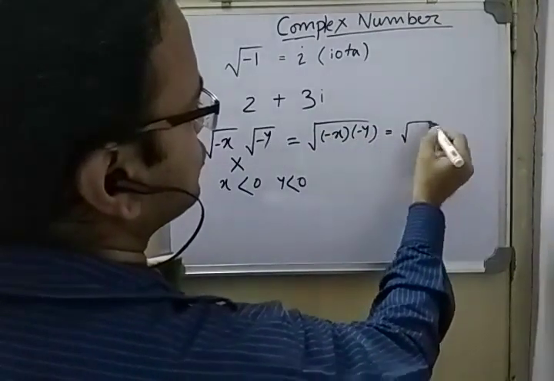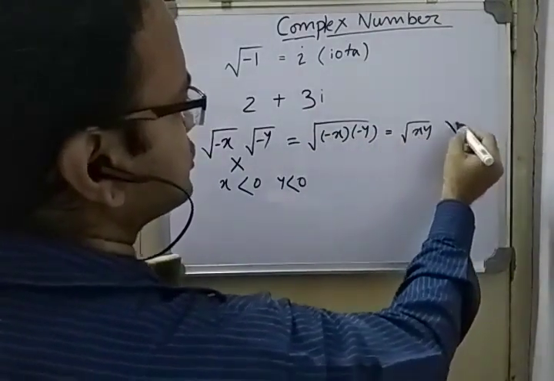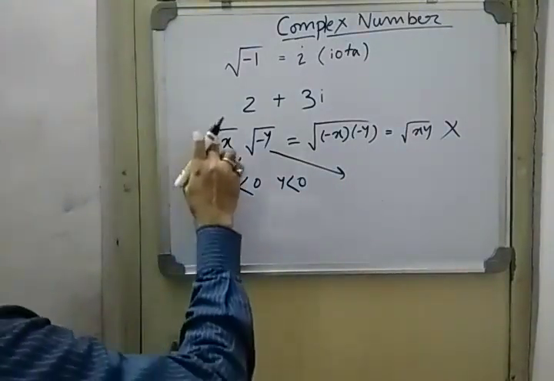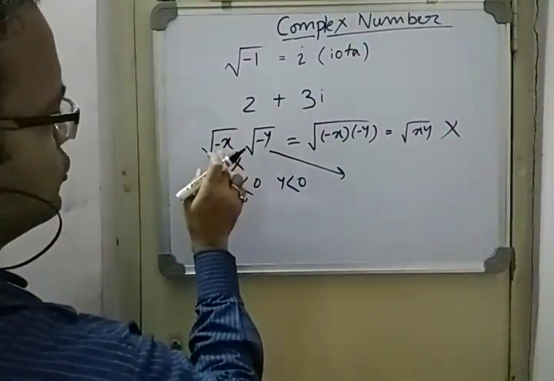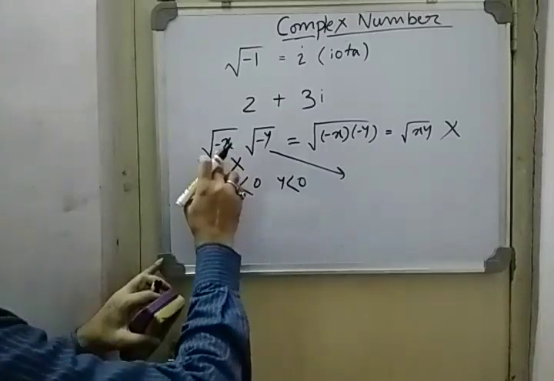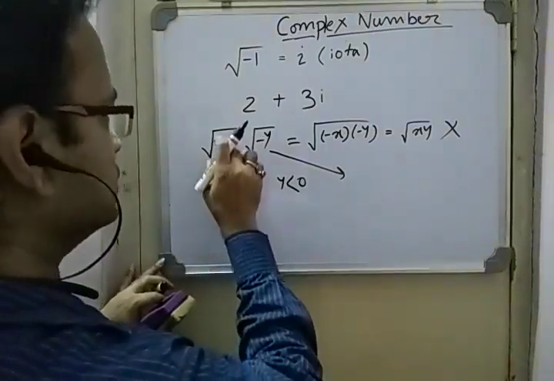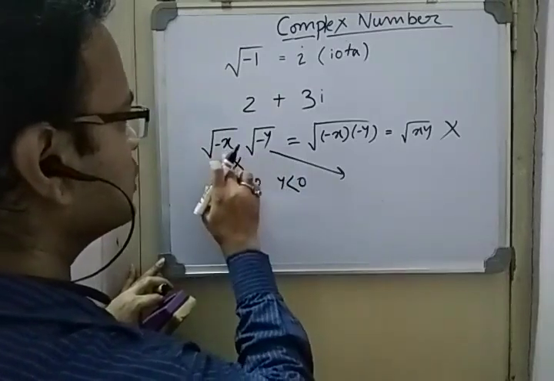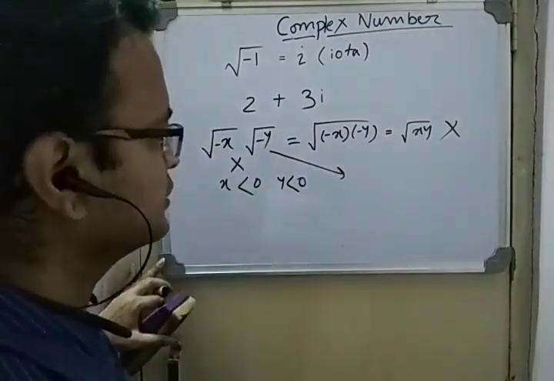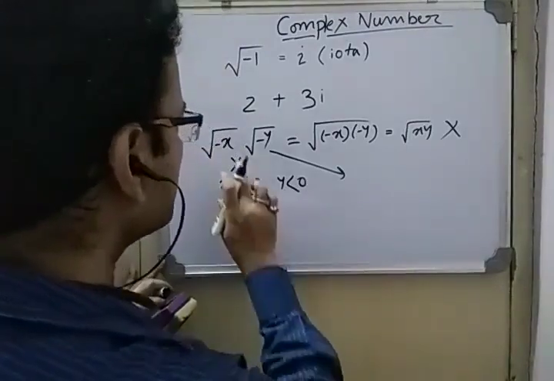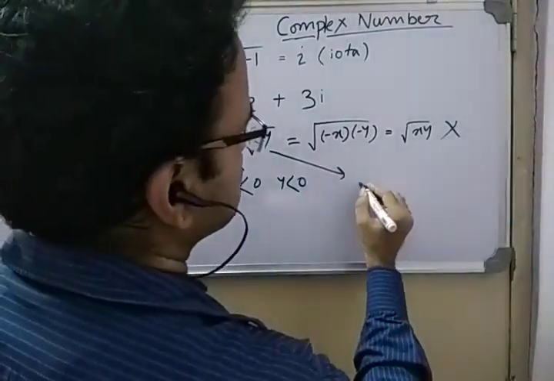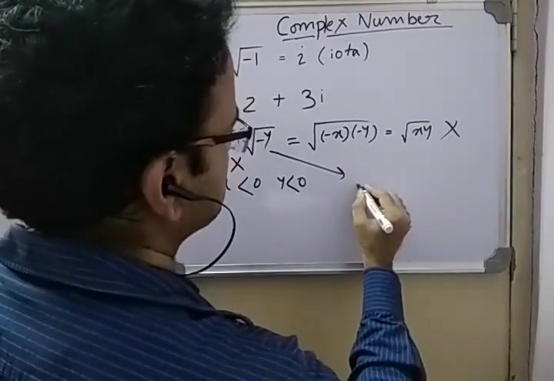This equals root of xy, but this is not true. For multiplying two roots, the numbers inside the roots must be such that at least one of these two should be greater than 0, or positive. If any of these is 0, then definitely the result is 0. So that is not a concern.